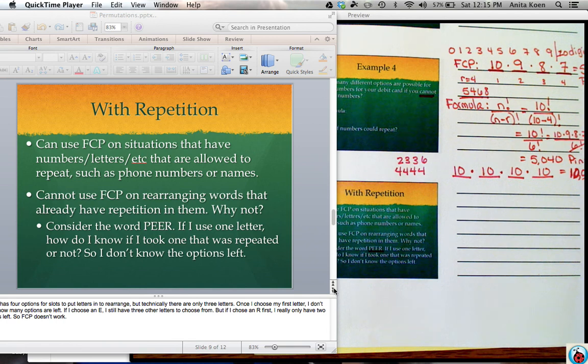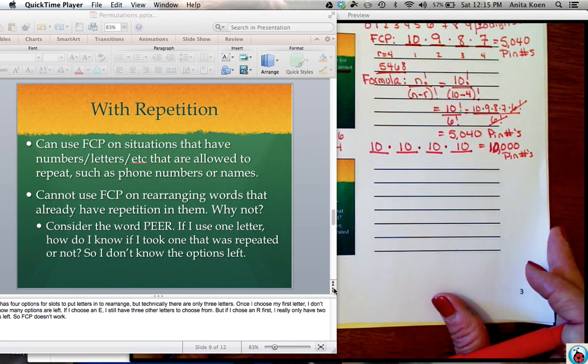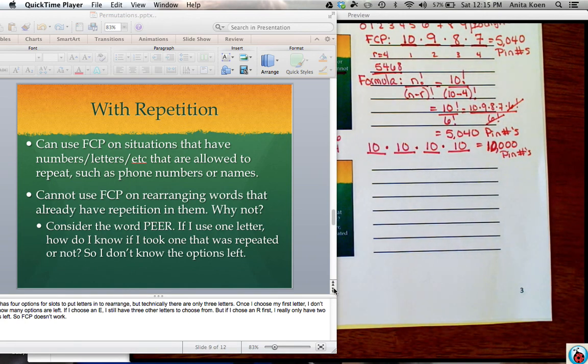So I don't know if it was the P or if it was the R or if I took one of the repeated E's. So I don't know really how many options are left if I have a word that is repeated. So you cannot use the fundamental counting principle when you're rearranging words that already have a repeated letter in them.